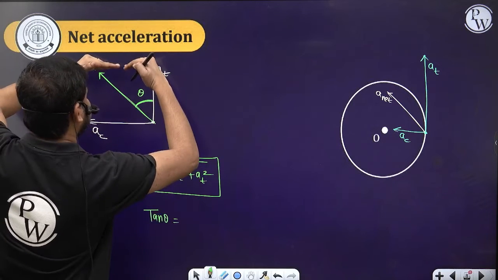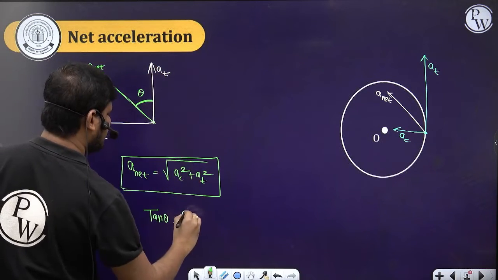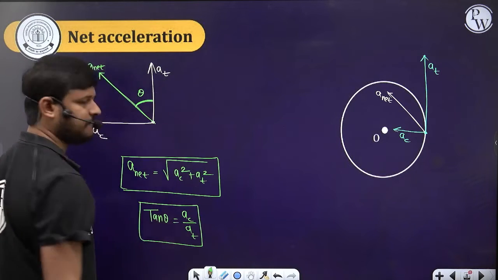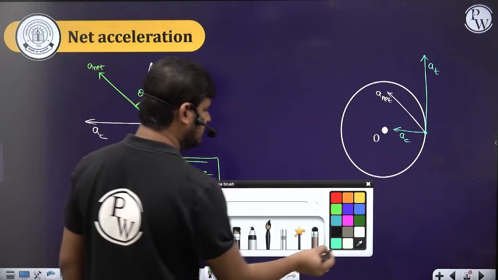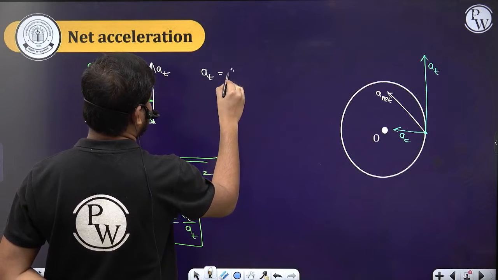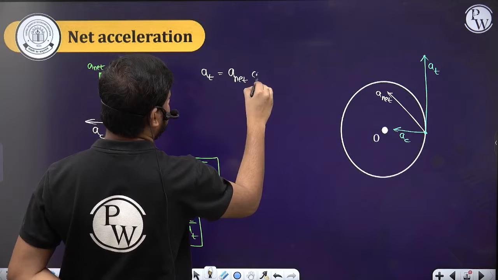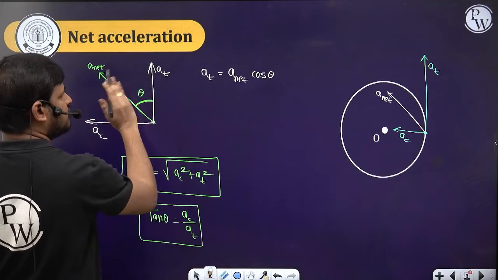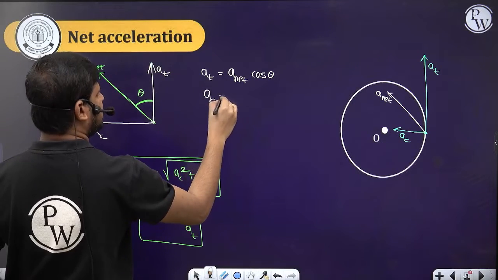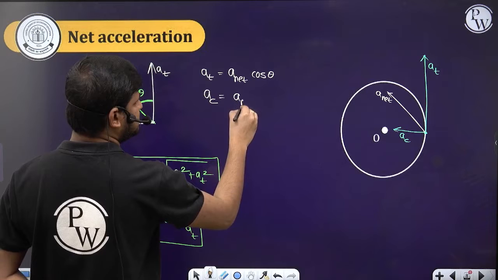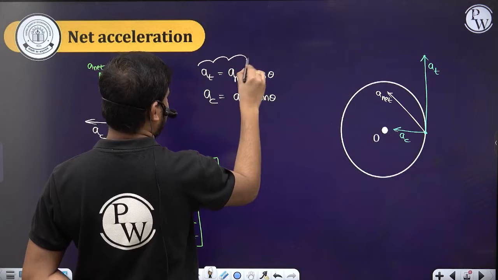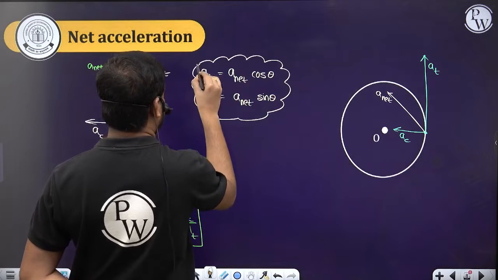If you parallel shift this to this side, tan theta is equal to AC by AT. Clear? And one more thing, the tangential acceleration we can write as A net cos theta, this side the cos component will come, right? And on the opposite side the sin component comes. The centripetal acceleration will be equal to A net sin theta. This is also one of the important concepts.